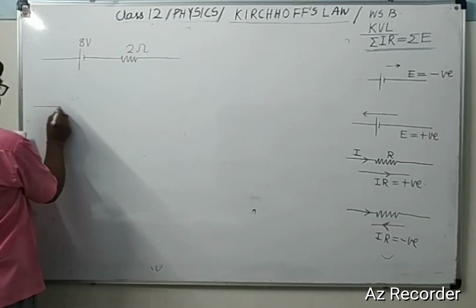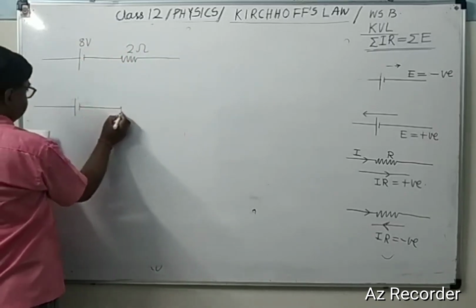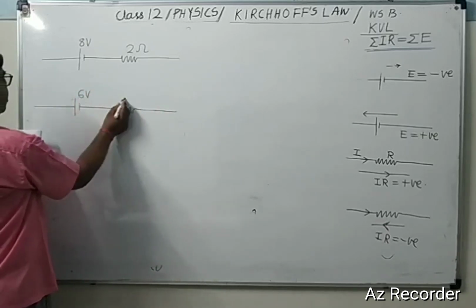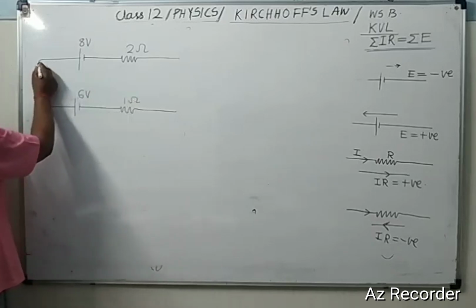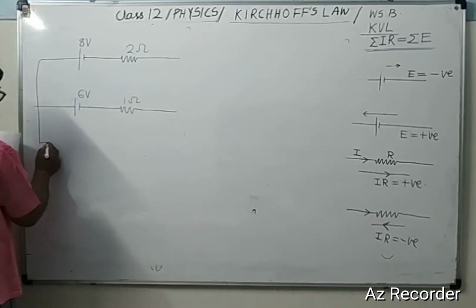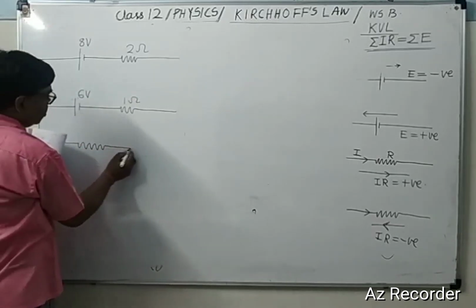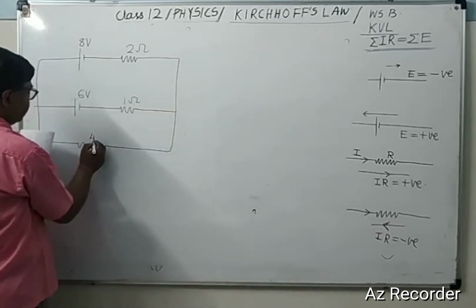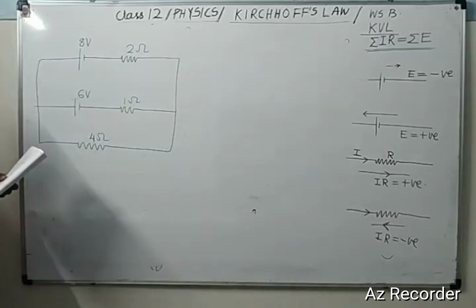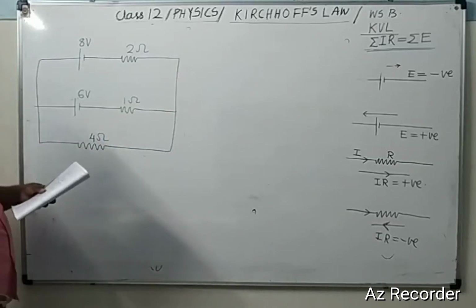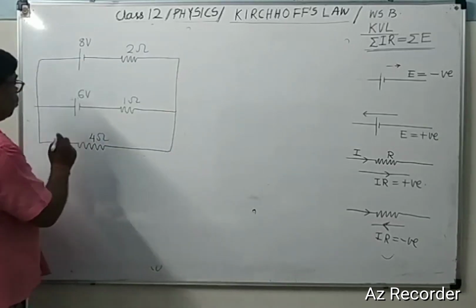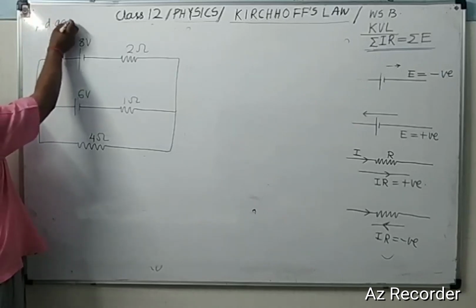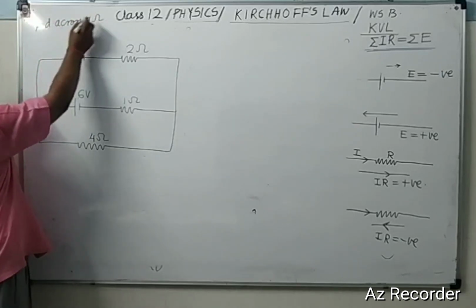This is 6 volt, 1 ohm. And this is 4 ohm. Now you have to find the potential difference across the 4 ohm. Potential difference across 4 ohm, that you have to find.